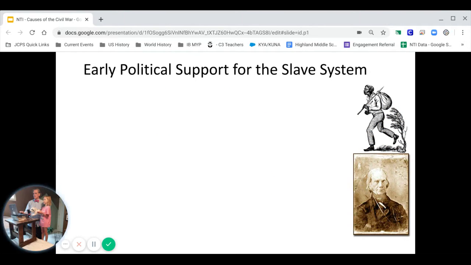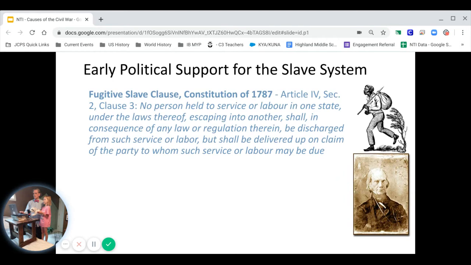So we'll start with one of my main pieces of evidence to back up my argument, some early political support for the slave system. The man whose picture's there is Henry Clay of Kentucky.